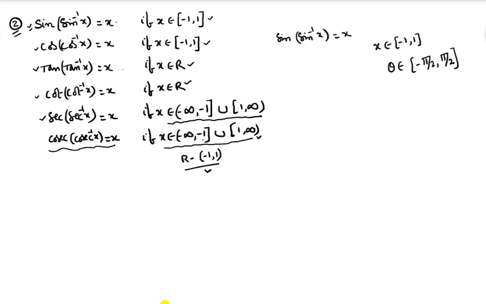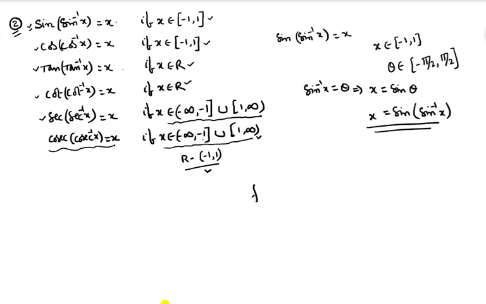Now here I am considering sin inverse x is equal to theta. From this we can write x is equal to sin theta, right? Now this is equal to sin of, in place of theta what can we write? Yes, sin inverse x. So I can say x is equal to sin of sin inverse x.